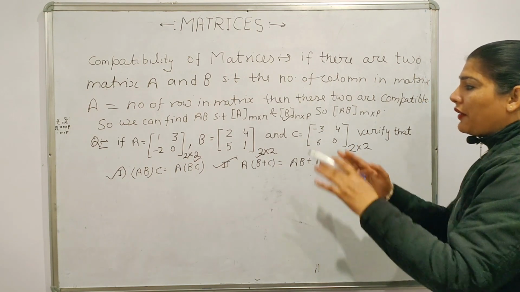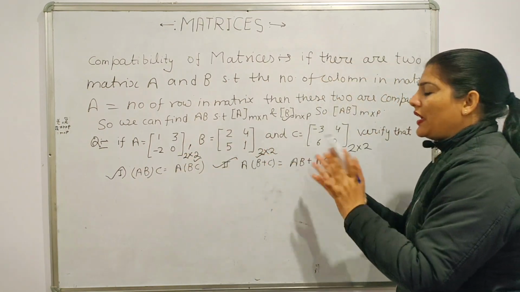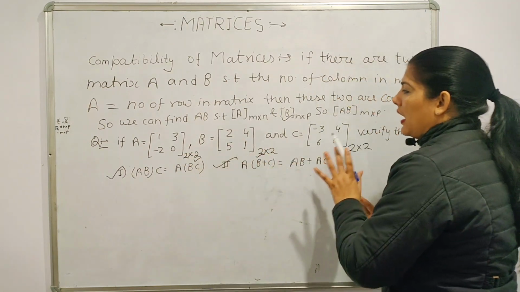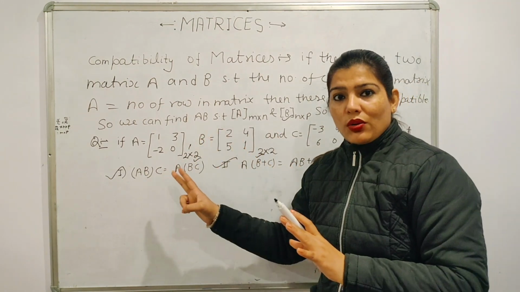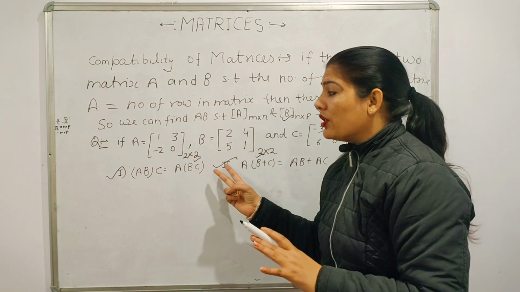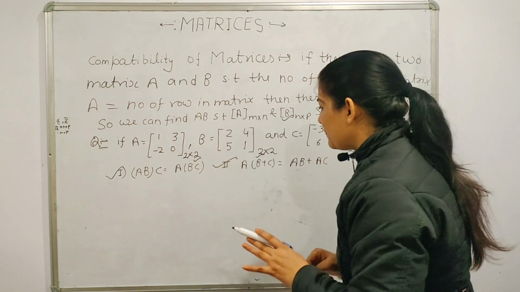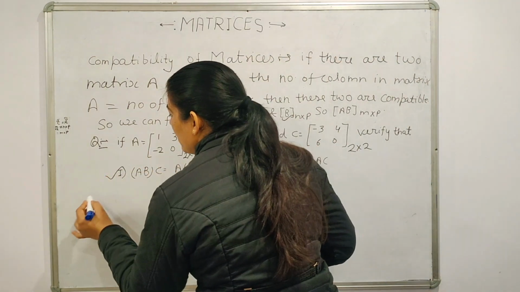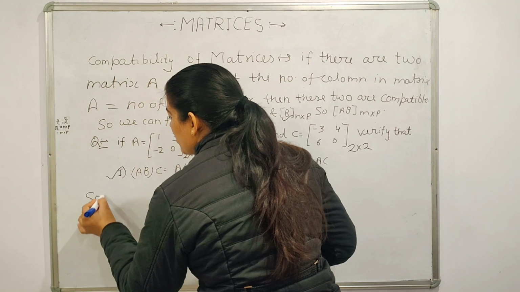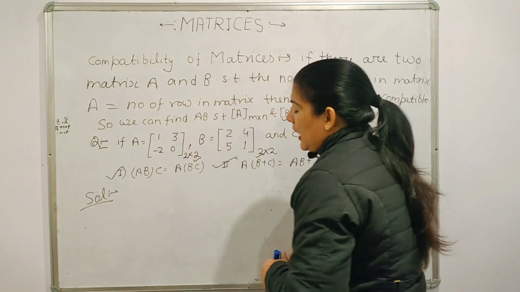And if we have a question where m, n and p are all equal, then we can find BA also, but in this case also AB is not equal to BA. We'll show that from the question. So in the first case we have to find AB first.